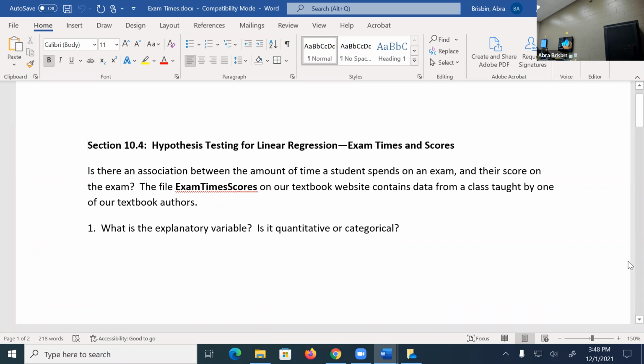Slope is the difference in where you are. He was assuming the null hypothesis. What did you guys get? 0.5120.